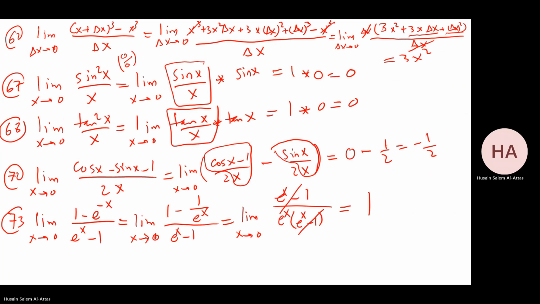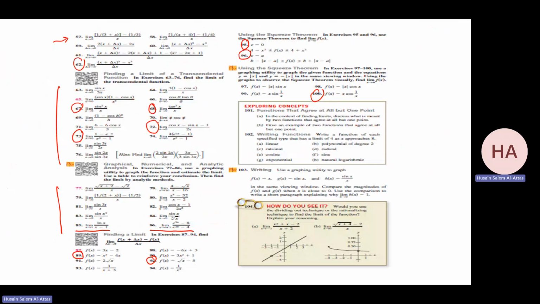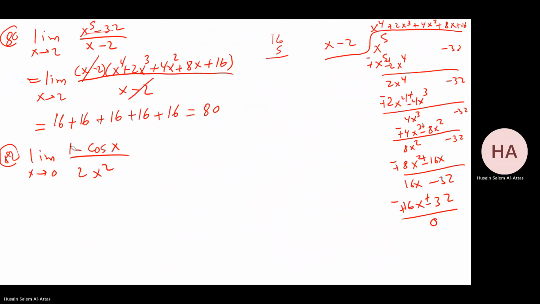Sorry, it is cosine x minus 1 over 2x squared. Okay. If we substitute, you're getting 0 over 0.